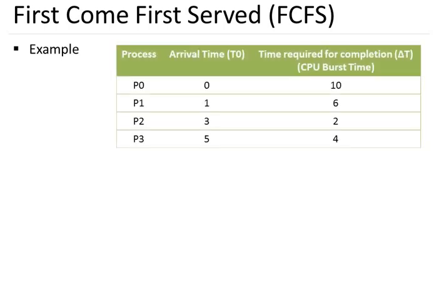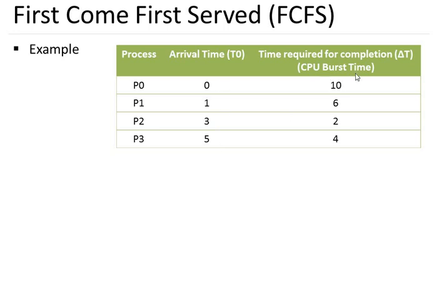Now let's see one example here. So this is your scenario, or I can say a situation in the system. Basically you are given 4 processes: process P0, P1, P2 and P3, and also the arrival time. You must notice this arrival time is mentioned as T0, and the arrival times of all the processes are given.